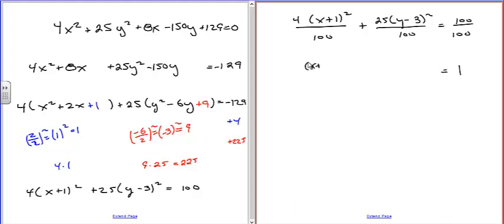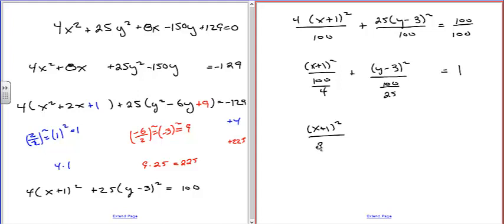Here we have 100 divided by 4. So we take this and move it to the denominator. Same thing for the next one. So we have 100 divided by 25. And if you can simplify those, go ahead and do it. The one that I have for the test, I think you can simplify it.